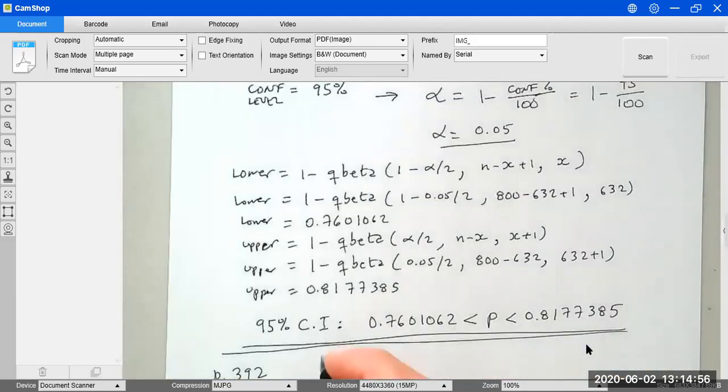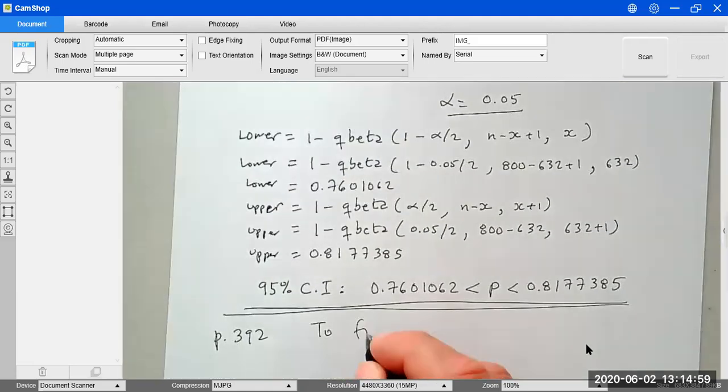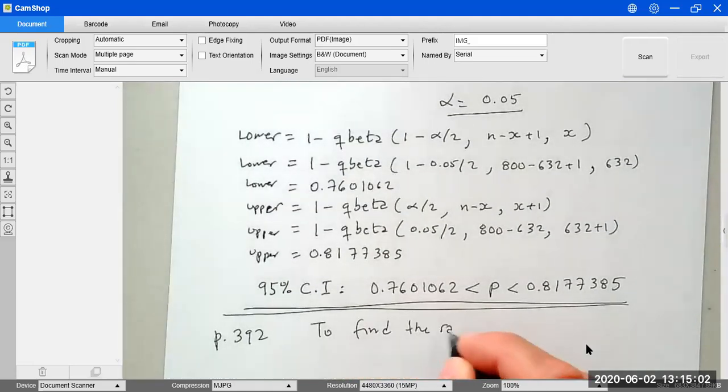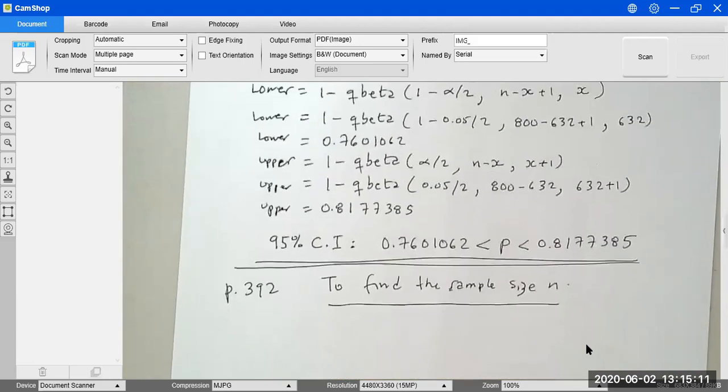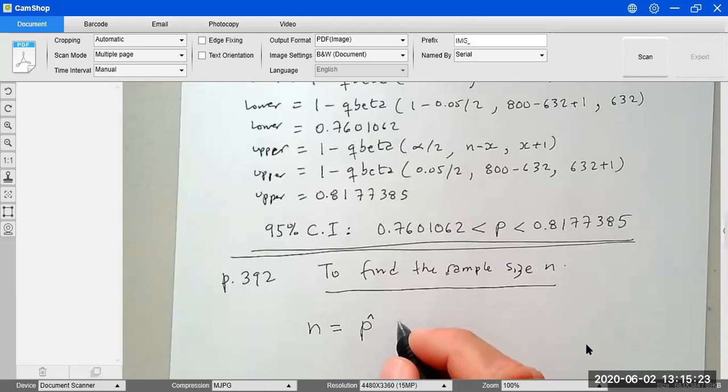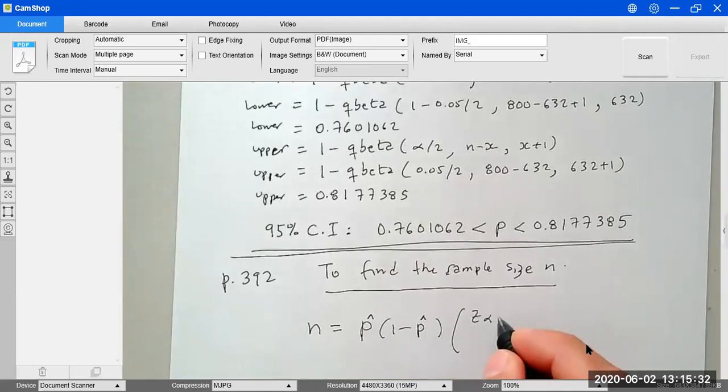So to find the sample size n, the formula is just n is going to be equal to p hat times 1 minus p hat times z alpha over 2 over m, and this is going to be squared.